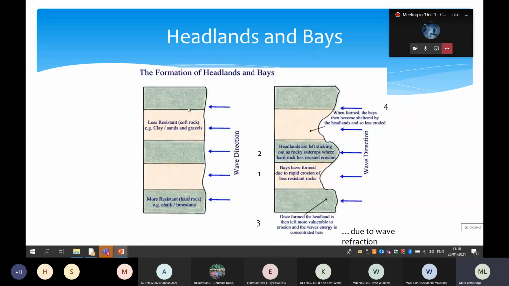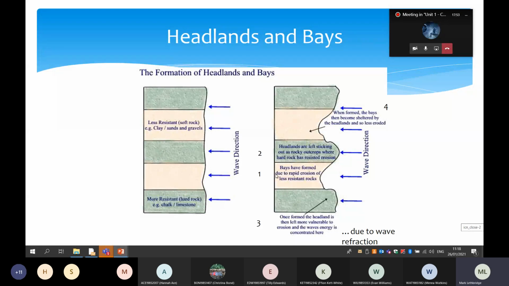So we know that the less resistant, softer rock out on the Gower is that Millstone Grit. Now, because of that, we can start bringing those sorts of words into a description if we were going to be doing this in an exam situation.